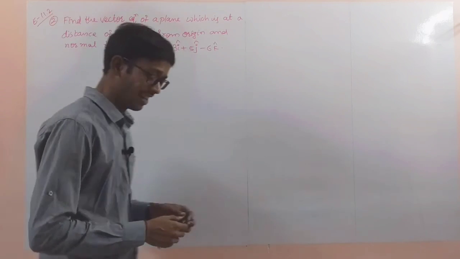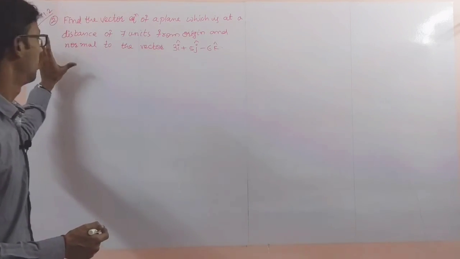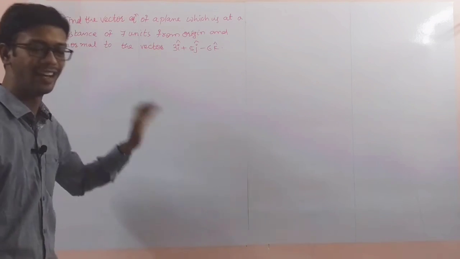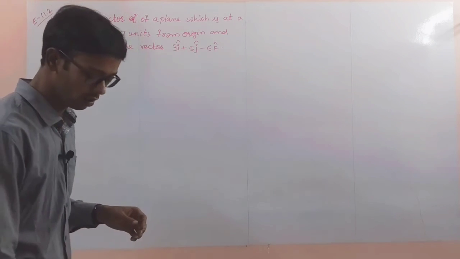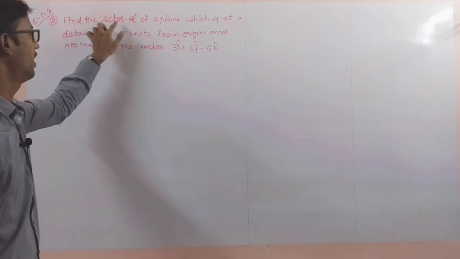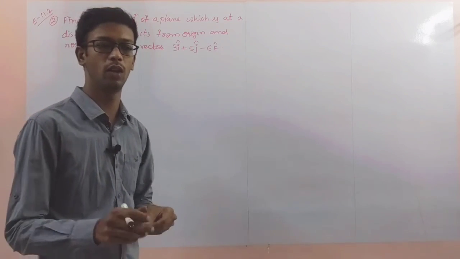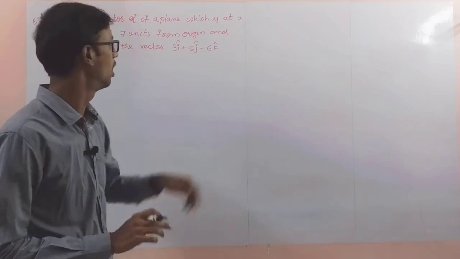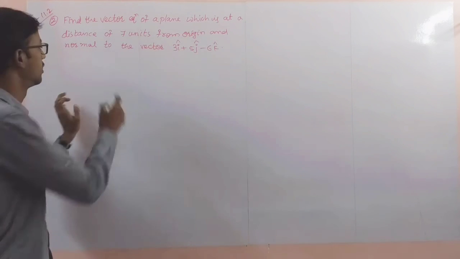Next, exercise 11.2 only. Problem number 2 here, based upon the previous theorem, that is the equation of a plane in normal form. Here you see, find the vector equation of a plane, just the vector equation, no need to find the Cartesian equation, which is at a distance of 7 units.